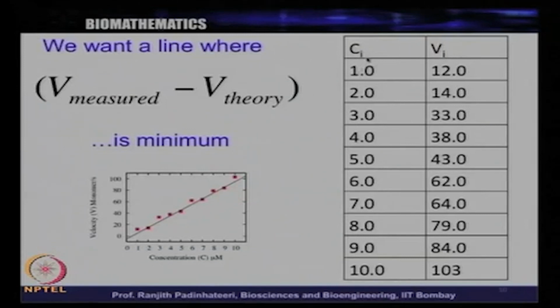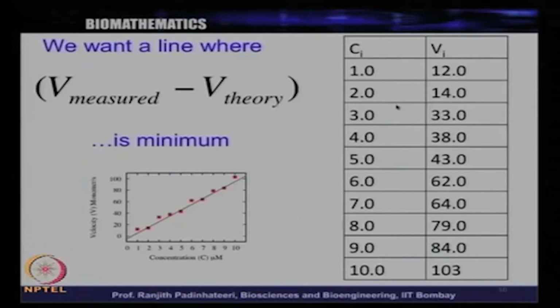There are 10 data points. So, i represents the first data point, i equal to 3 means the third data point, so that means this particular point. This is the first point, second point, third point. For every value of i there is a Vi.